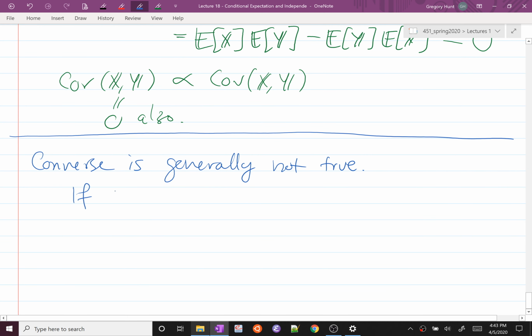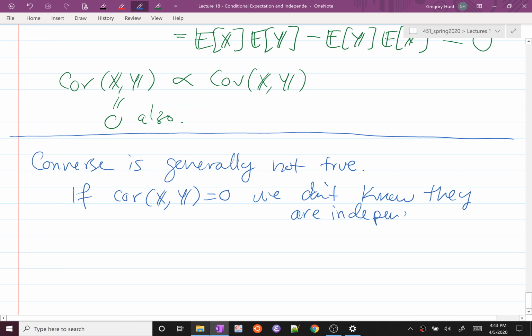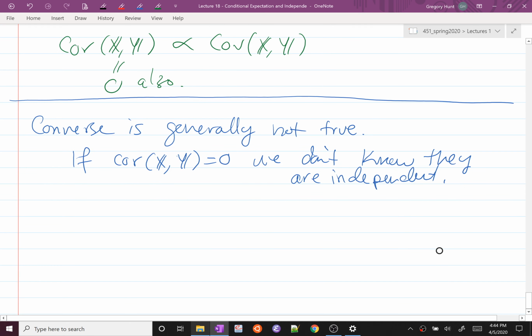That is, if we know that the correlation or covariance between x and y is 0, we don't know they are independent, unless you know something else. And we'll talk about that maybe next time. But there's only one special case for this. Generally, if the correlation is 0, they could still be dependent. They won't be linearly dependent, since correlation measures linear dependence, but they could have some other kind of non-linear dependence.